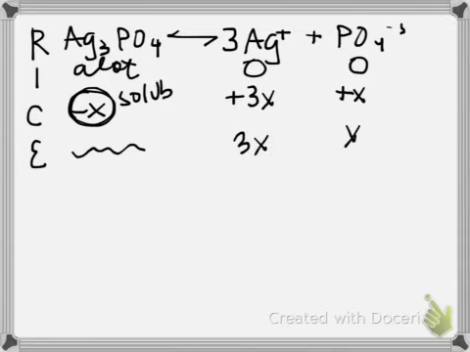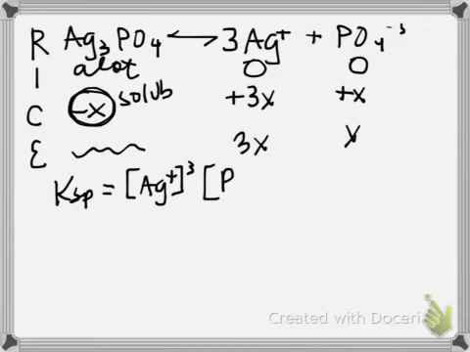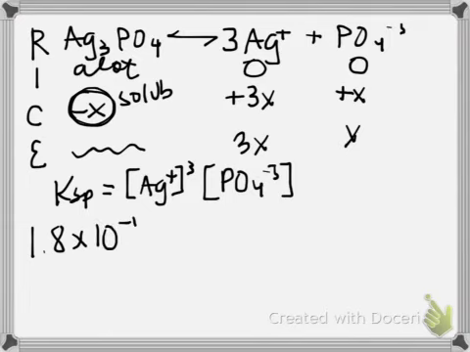Okay, we're going to have to be very careful here because we have the KSP, which is known. It's going to be equal to the silver value cubed and the phosphate value. So when we plug in the values that we know, KSP is 1.8 times 10 to the negative 18 equals 3x cubed times x from the phosphate.